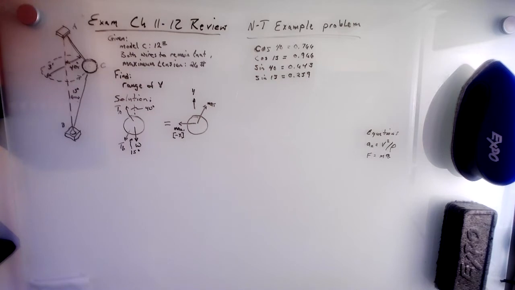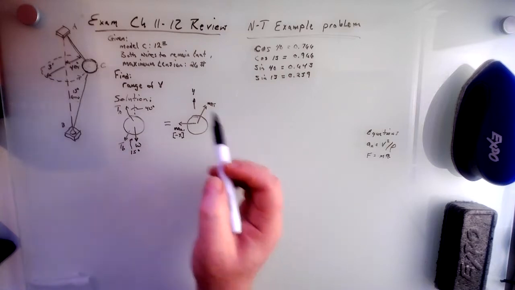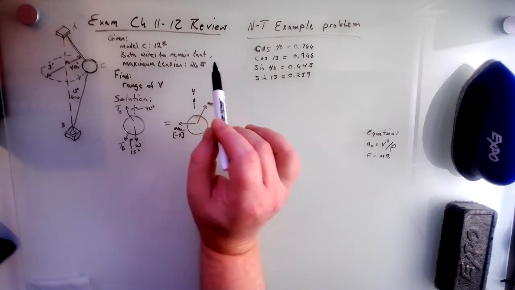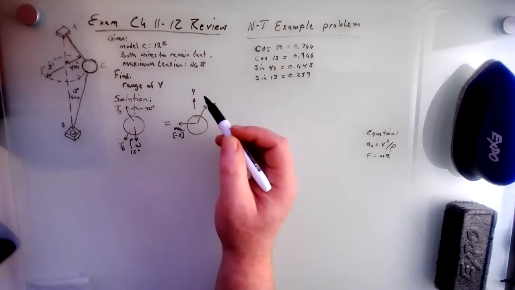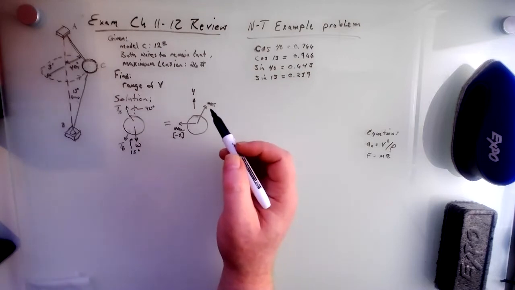Okay, so now we are asked to find this range, and so what we need to compare at the end of this, the parameters of interest here, are the velocities, right?